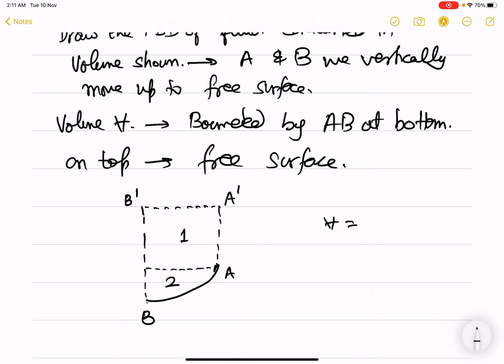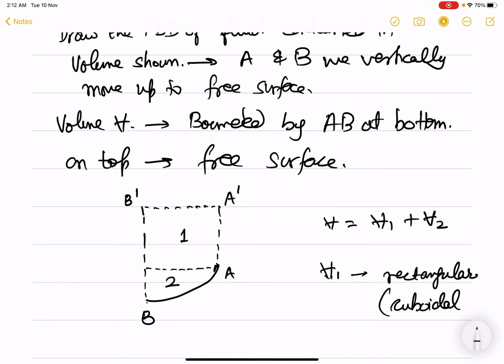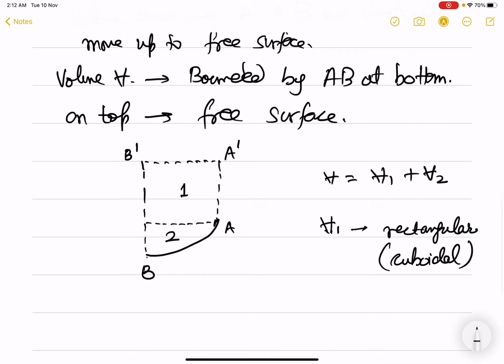So we divide V is equal to V1 plus V2. V1 in this view is rectangular. Actually it is cuboidal because this is just a planar view and there is a width W perpendicular to the paper.